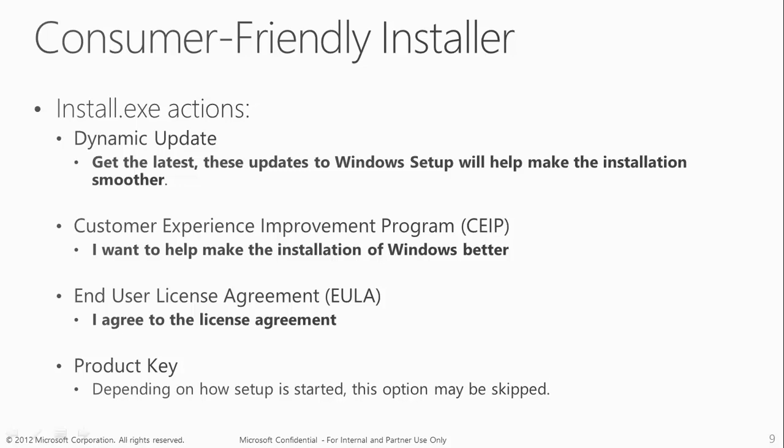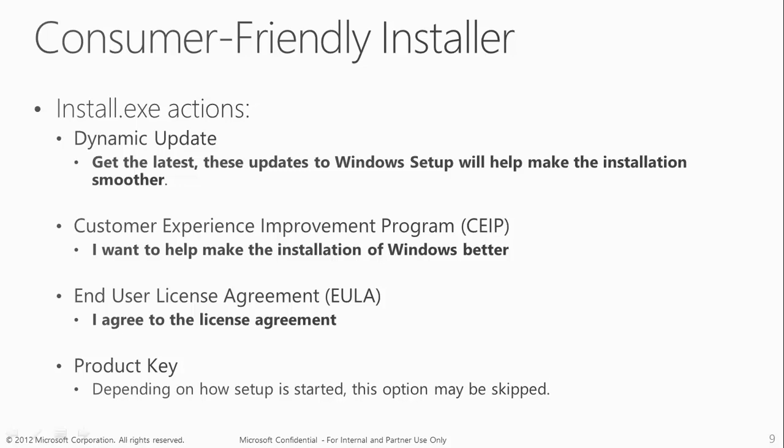Versus advanced setup, which is the method of installing Windows that started by booting from the DVD or the USB flash drive. This method supports doing things like selecting the installation partition, and using switches to control the behavior of setup.